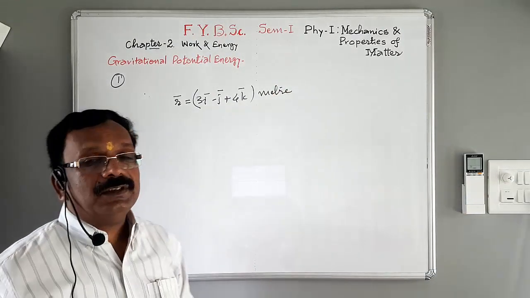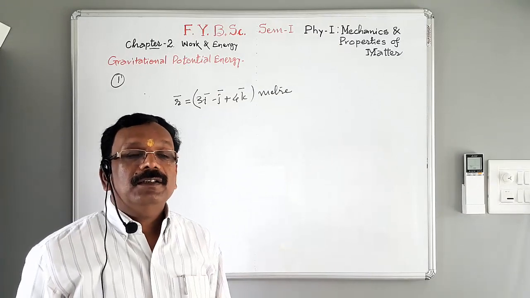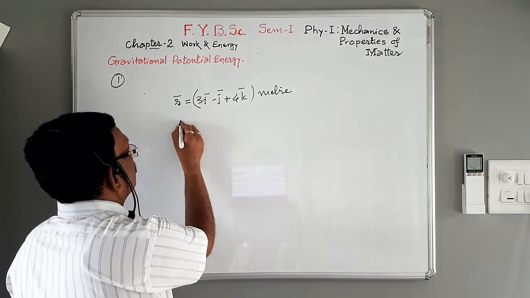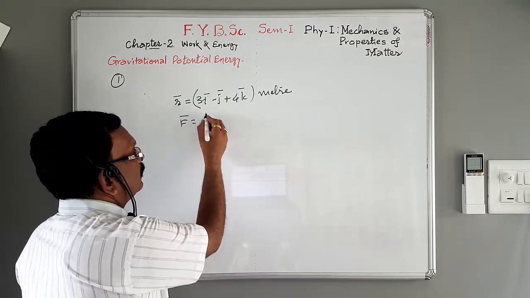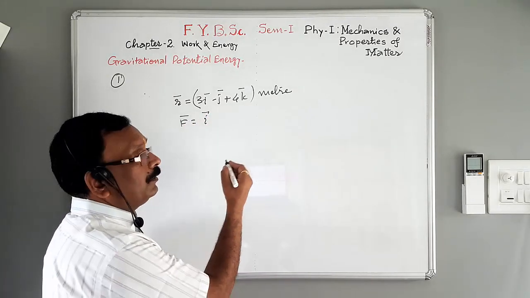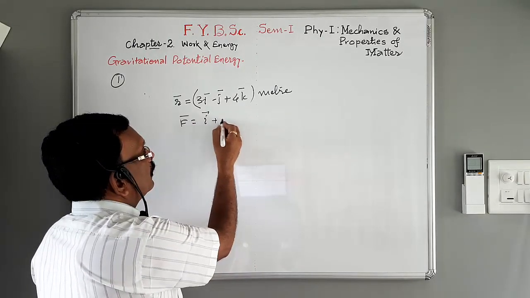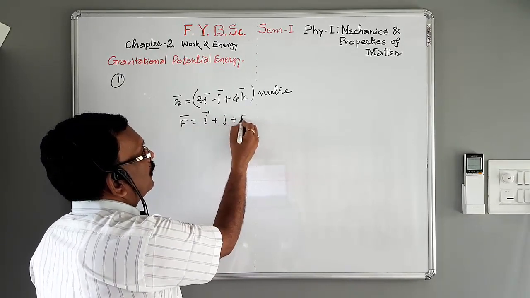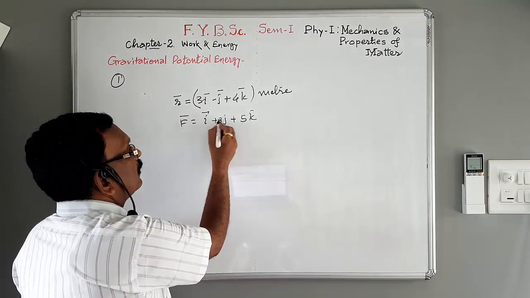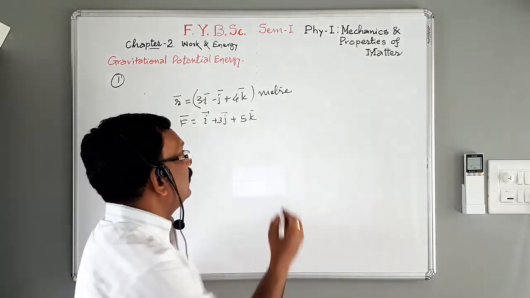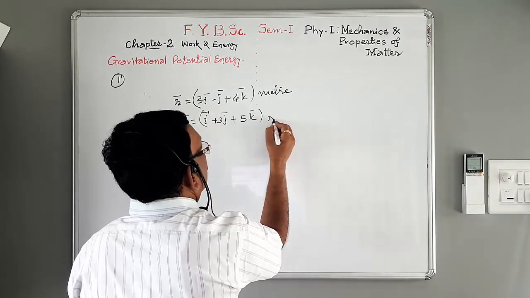In order to move this particle along this vector, the applied force F is equal to i plus 3j plus 5k, in Newton.